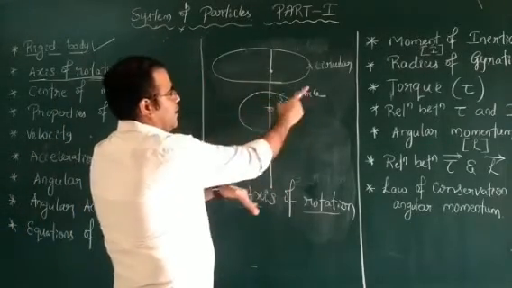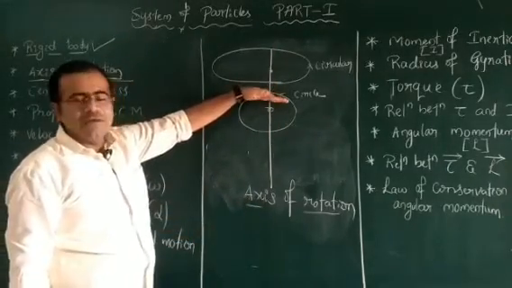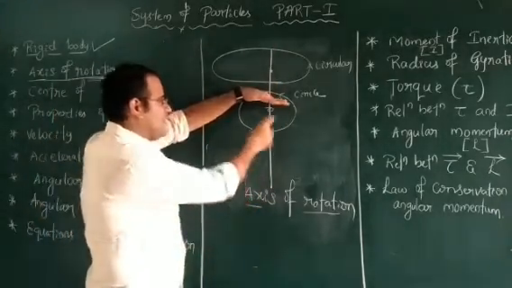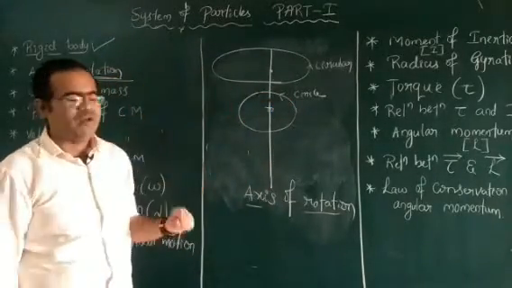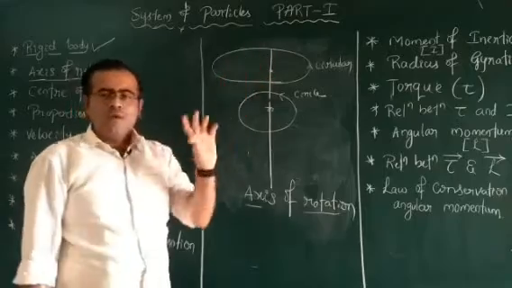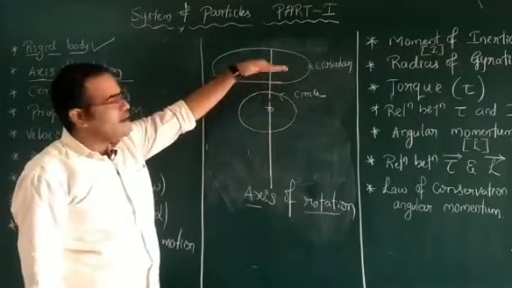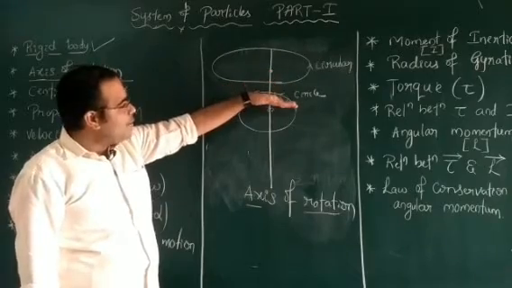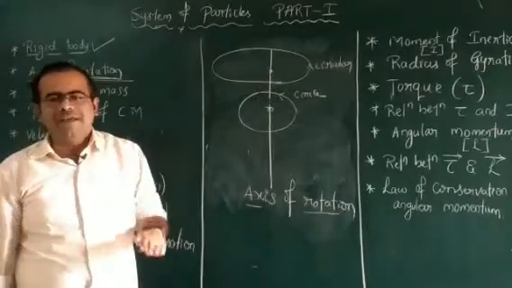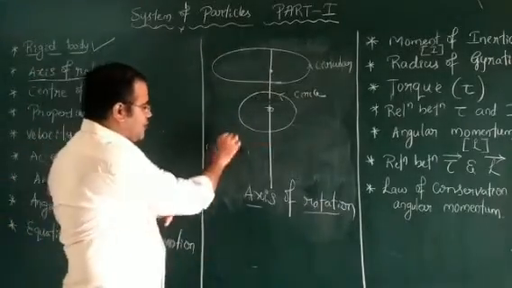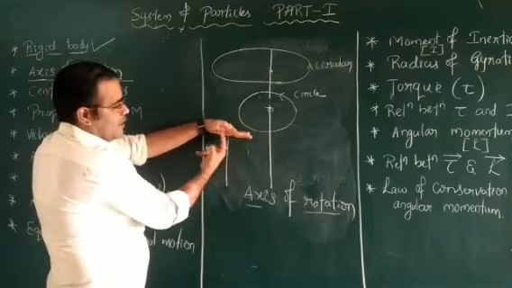Every particle rotates in a particular plane which is perpendicular to the axis of rotation. In pure rotational motion, all the particles rotate in a particular plane, and that plane is perpendicular to the axis of rotation. If this is the axis of rotation here, this is a plane, and within this plane all the particles rotate.